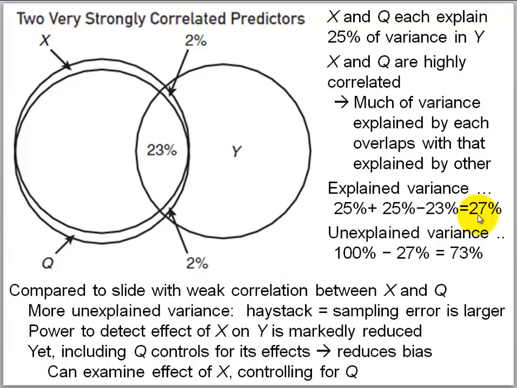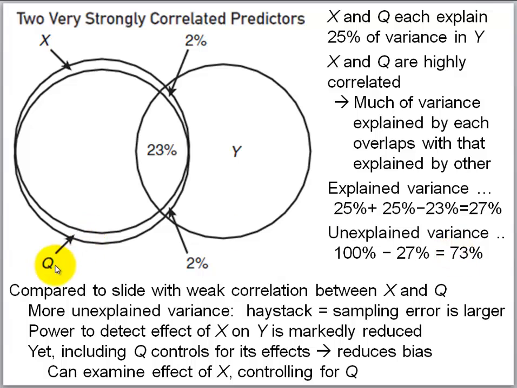So the explained variance here is considerably smaller than was the case in our Venn diagram where the predictors were weakly correlated. Recall that there, 45% of the variance was explained, rather than just 27% here. Here, the unexplained variance is 73%, whereas in our example with weakly correlated predictors, the unexplained variance was 55%.